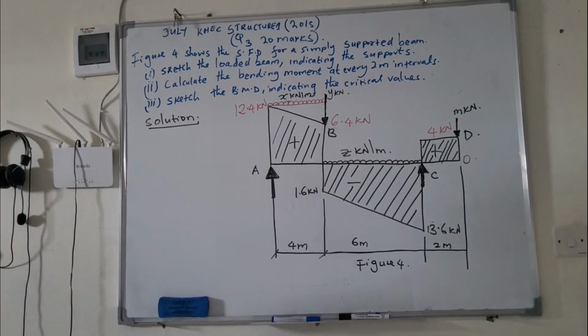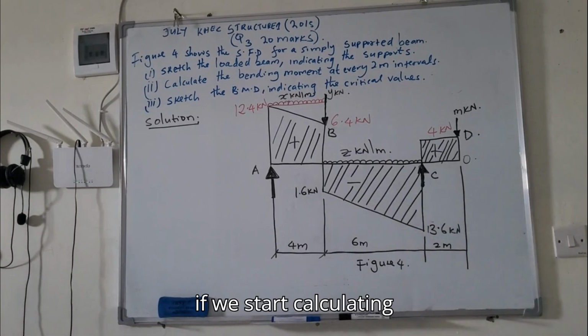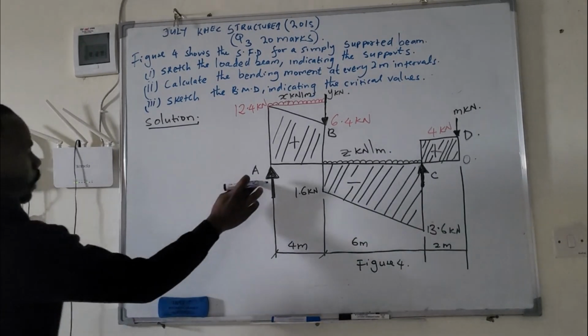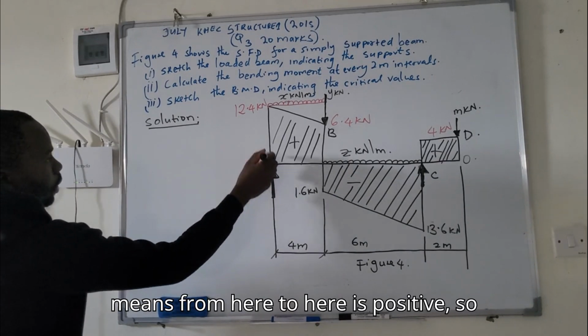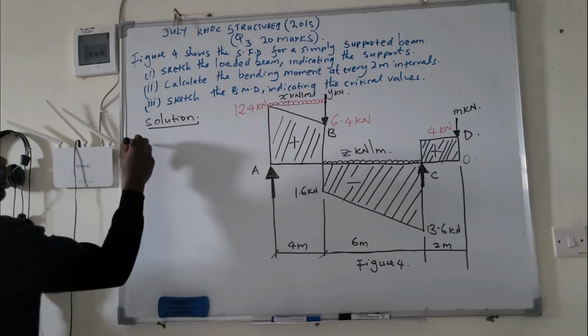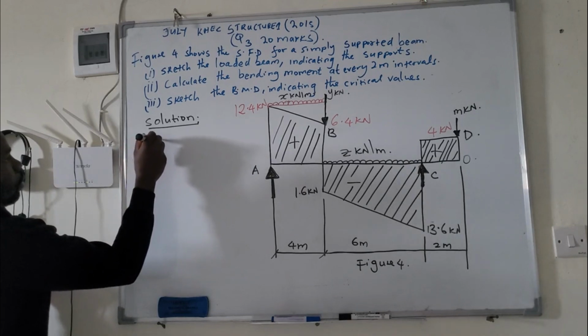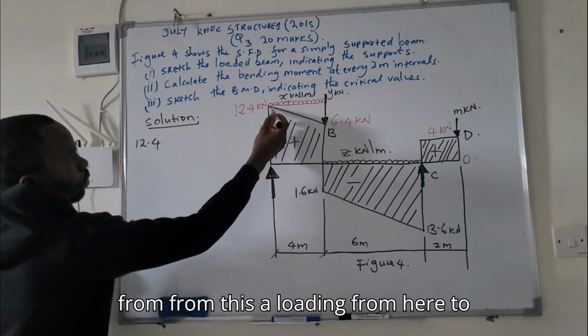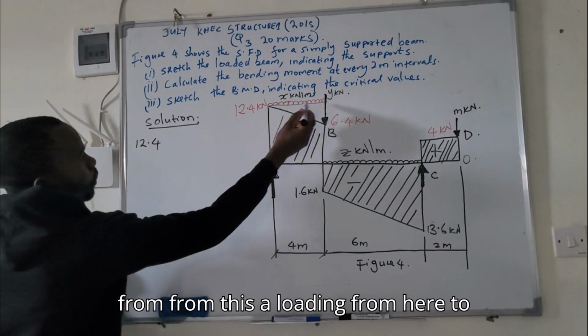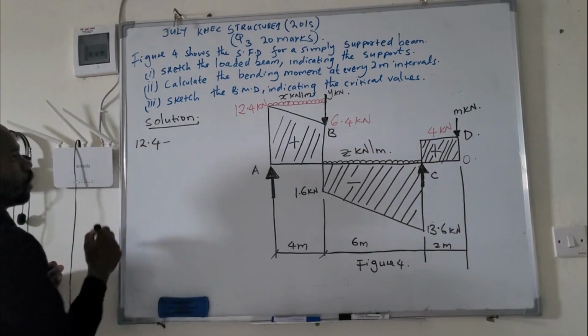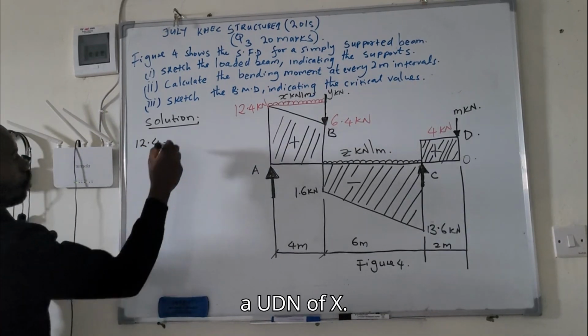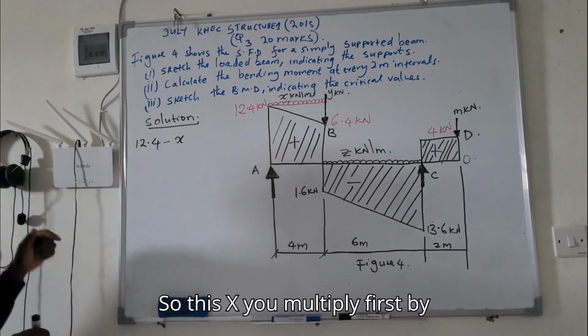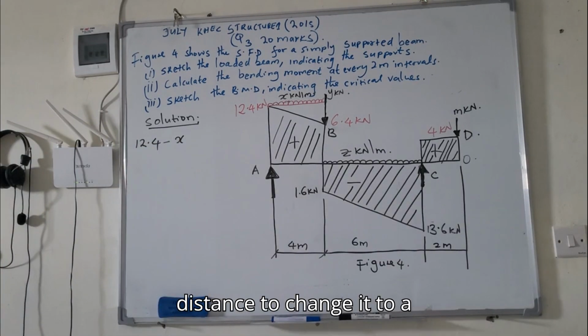We know that if we start calculating the shear force from point A, from here to here is positive. So take 12.4, then subtract the loading from here to here, of which we have a UDL of X. You multiply X first by the distance to change it to a point load.